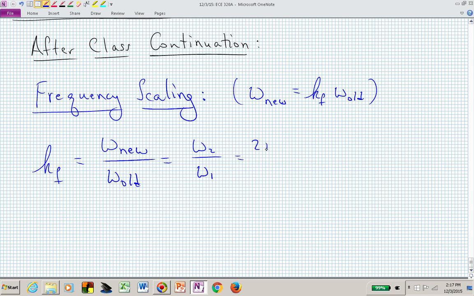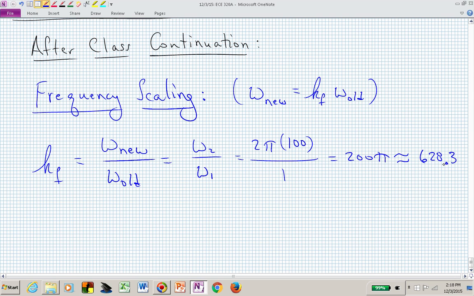Our final frequency needs to have the same units, so let's convert it to radians per second. That's 2 pi times 100. Omega old was already in radians per second, and we see now that we need a K sub F of 200 pi, or roughly 628.3 in terms of a numerical value.